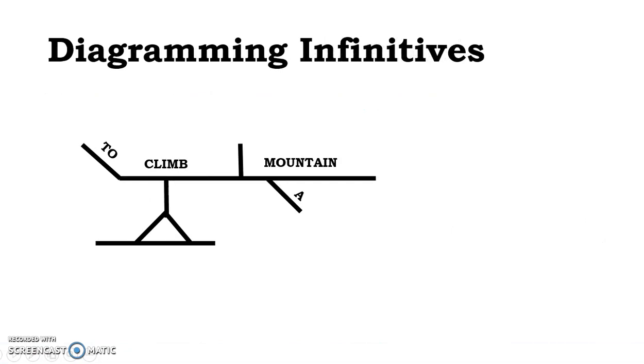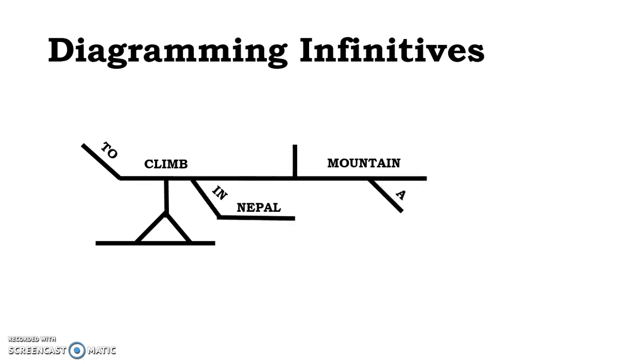Okay, and then, of course, infinitives can take objects just like gerund phrases and participial phrases. To climb a mountain, here mountain is my object and a is my article adjective. But then you can also have prepositional phrases that are adverbial, and we want to show what we do with those.